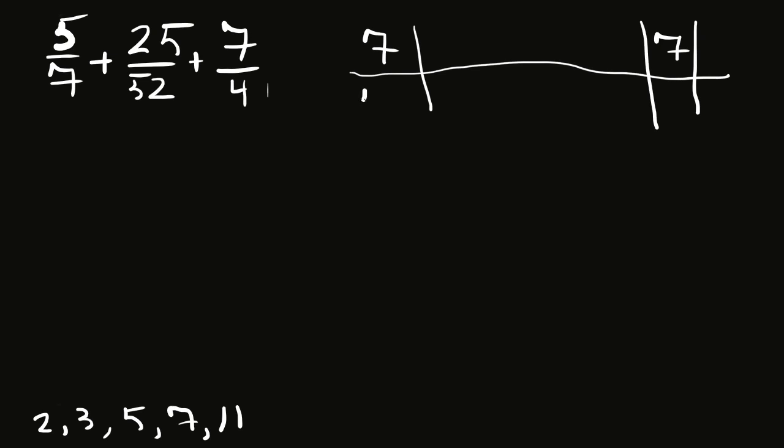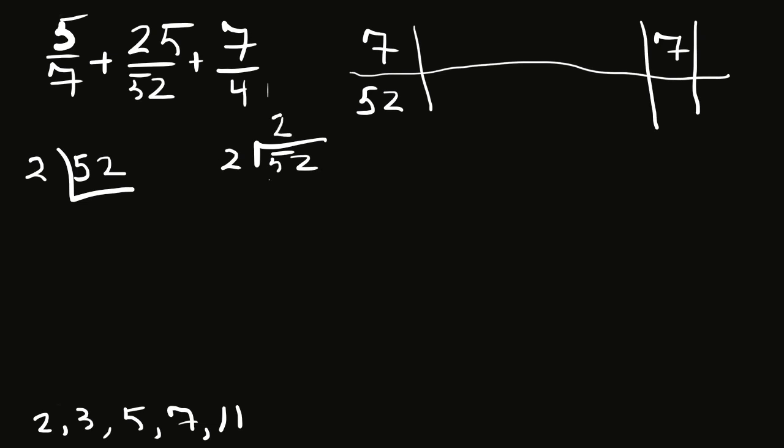So now let's prime factor 52. Well, we know that 52 is an even number, so 2 is obviously going to work. So when we put 2 into 52, 2 goes into 5 twice. That'll give us a 4 there. Bring down the 2. 2 goes into 12 6 times.